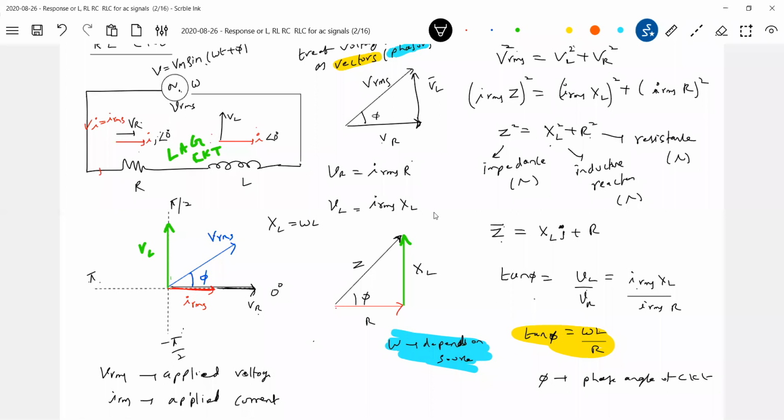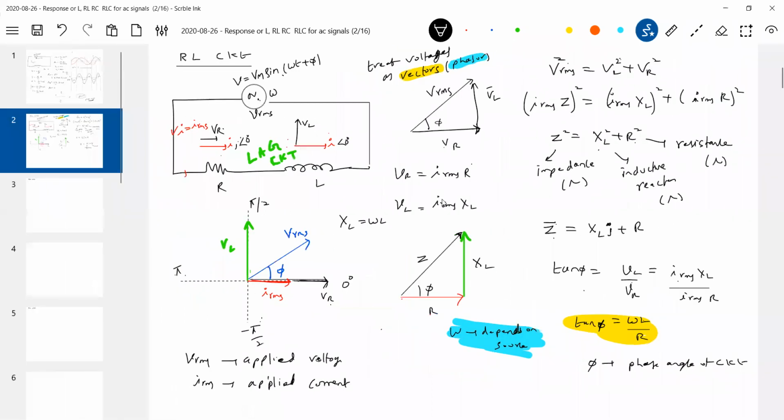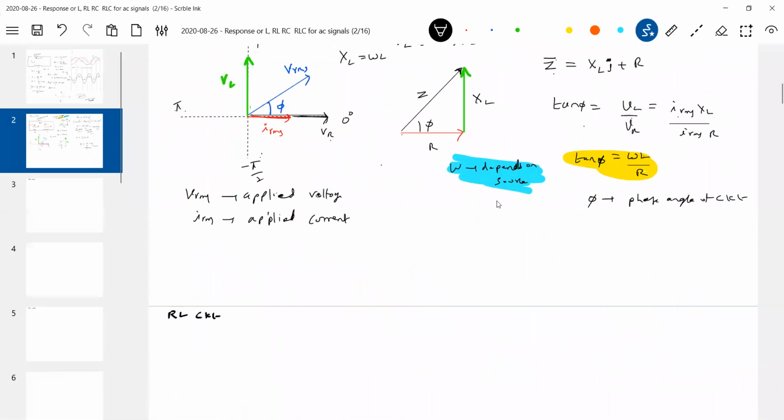Let's go back to the power here. What about the power dissipated in the circuit? Already we know the inductor will not dissipate any power; only the resistor will dissipate power. So I want an expression for power dissipation.